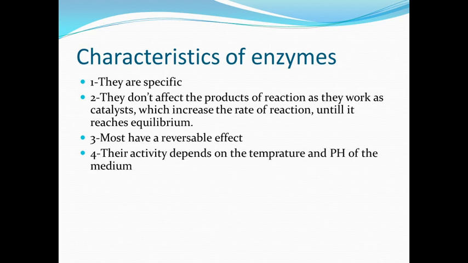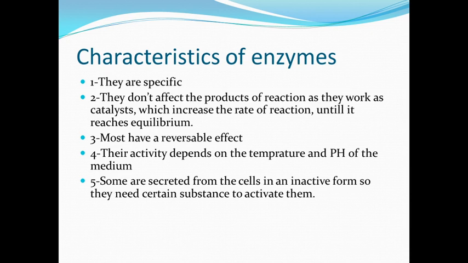Their activity depends on the temperature and pH of the medium. I'm going to tell you later why pH matters, with examples. Some enzymes are secreted from the cells in an inactive form, so they need certain substances to activate them, like pepsinogen, which in the presence of HCl is converted into pepsin in the stomach.